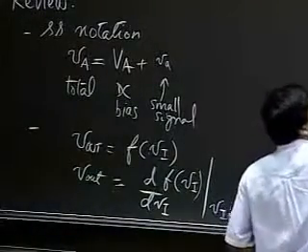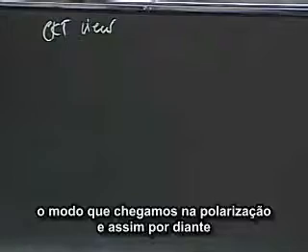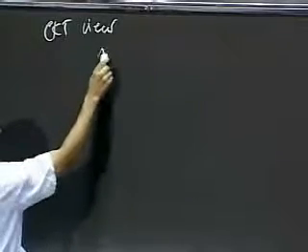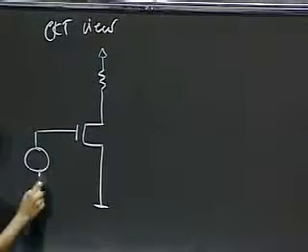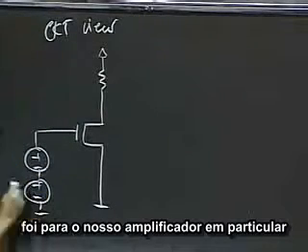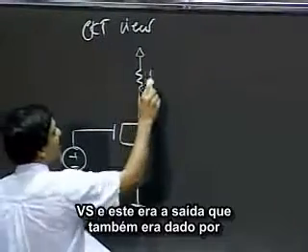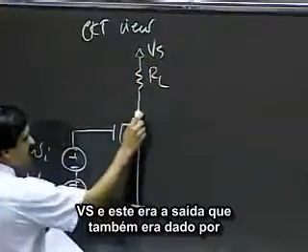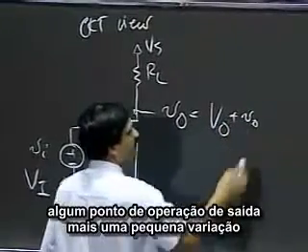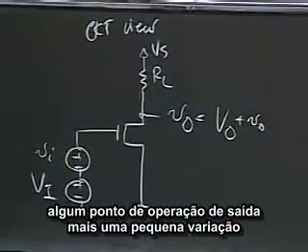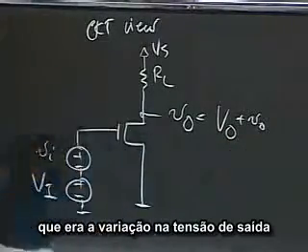And then the way we provided biasing and so on was, for our amplifier in particular, we had a bias voltage, some small signal value, Vs, and this was an output which was also given to be some output operating point plus a small change, which was the change in the output voltage.